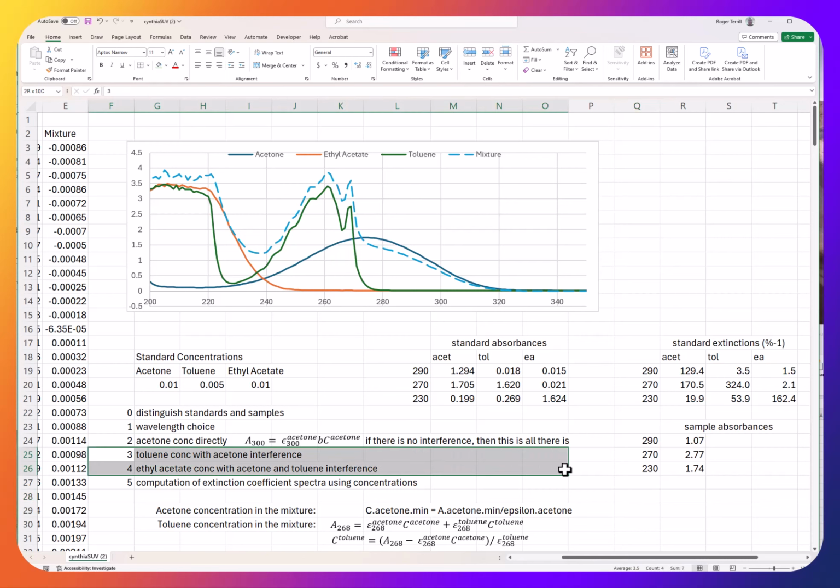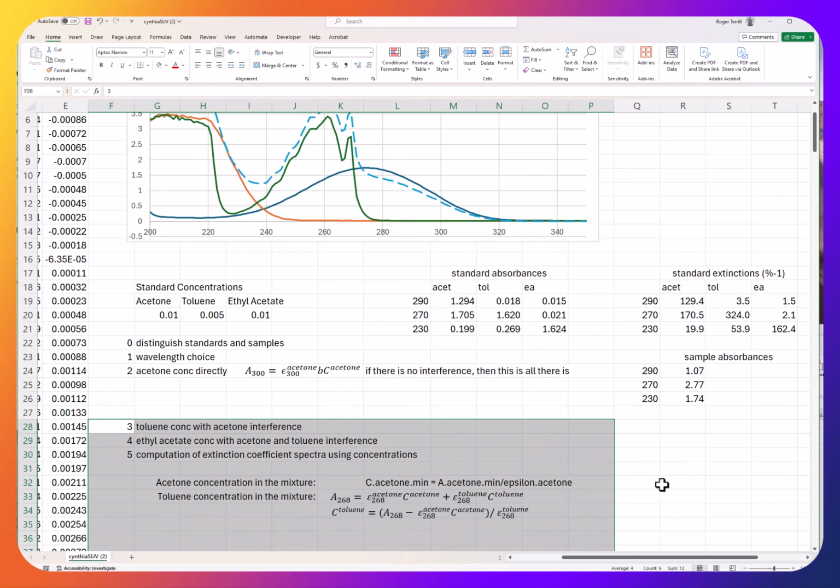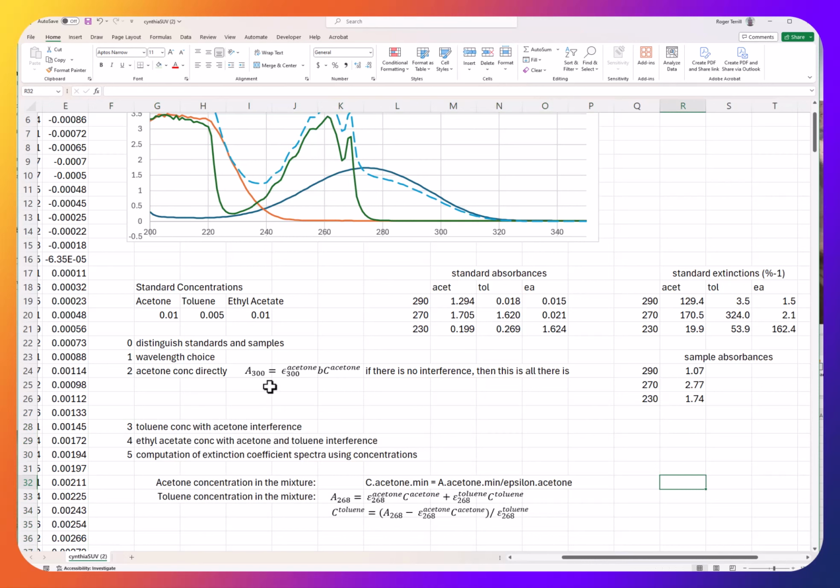So what I'm going to do here is take this stuff and move it down a couple of clicks here. And so let's take this formula here and let's solve it for acetone.